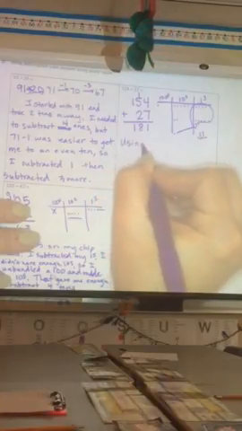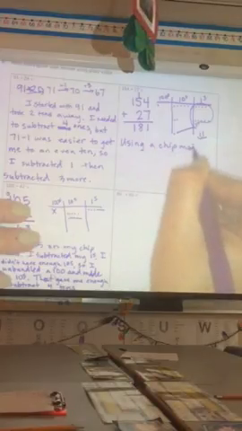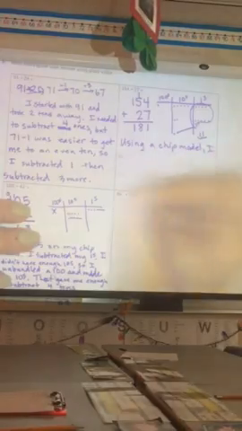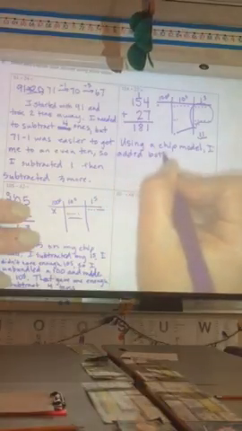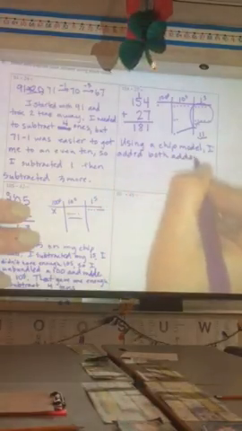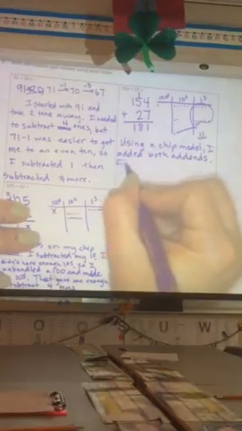Using a chip model, I added both add-ins. First, the ones place.